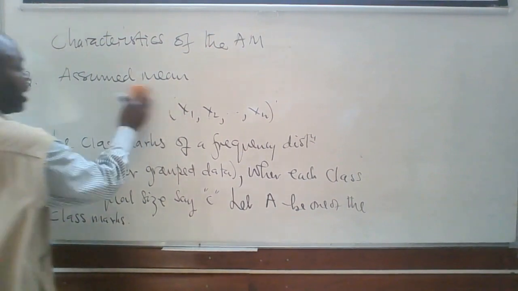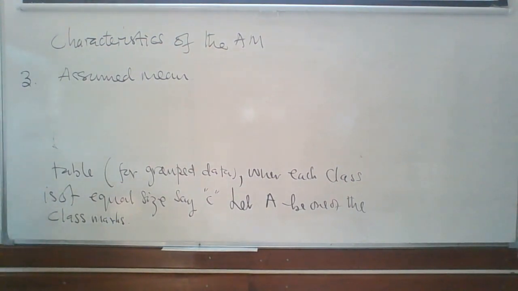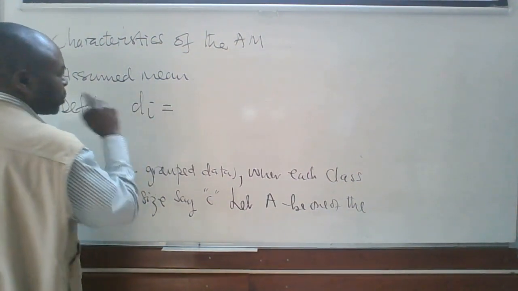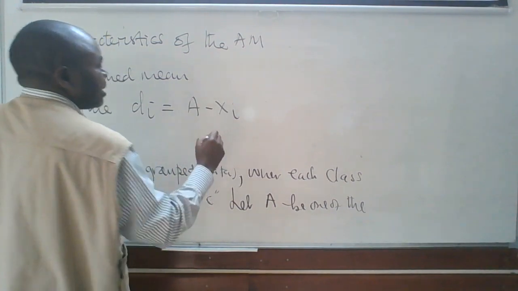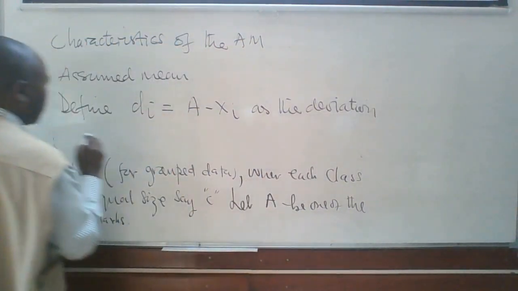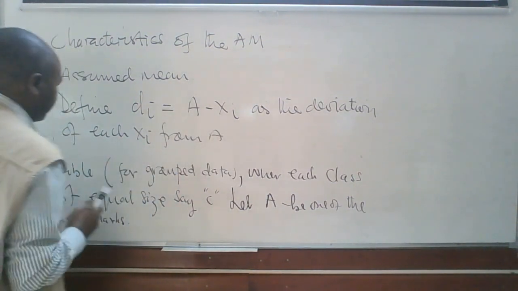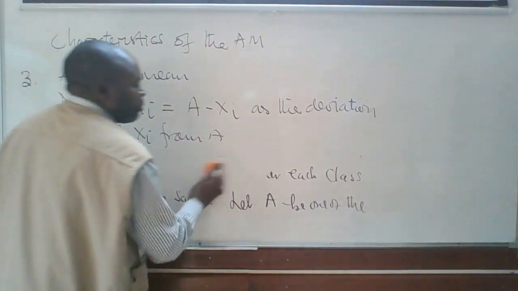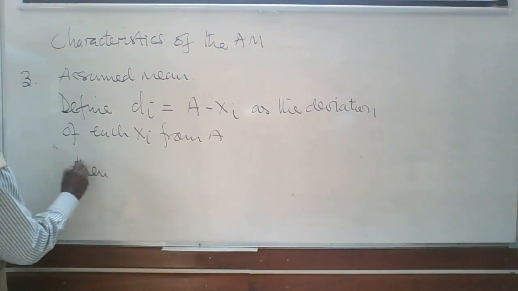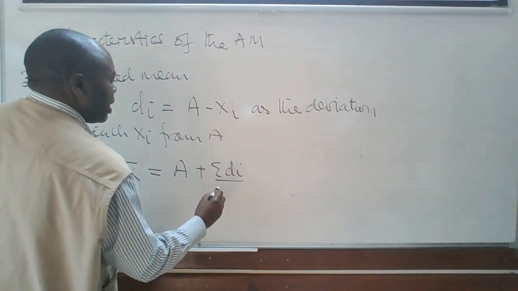Then, once this is clear, we can define di equal to A minus xi as the deviation of each xi from A. With a bit of manipulation, as before, we can say x bar is given as a plus summation di over n.